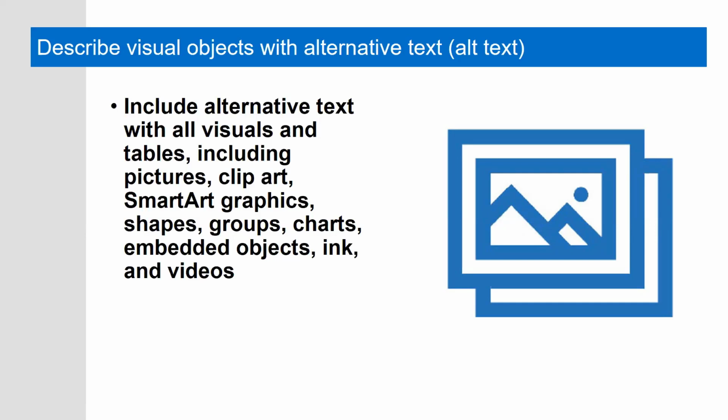Screen readers are also used by people with certain cognitive or learning disabilities, or others who simply prefer audio content over text. Alternative text, or alt text, helps screen reader users understand what's important in images and other visuals. Screen readers speak the alternative text to describe images and other non-text content that users can't see.